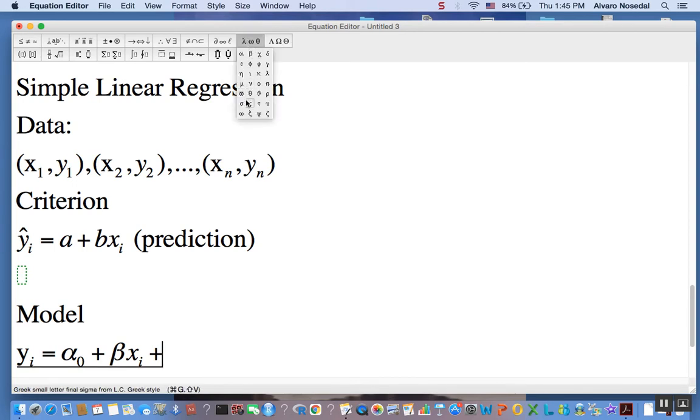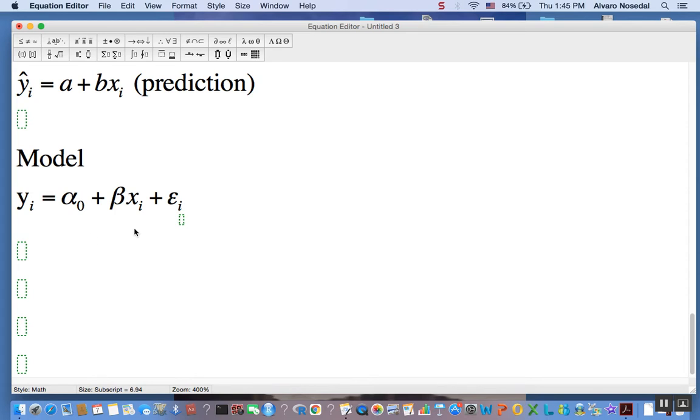This is a random fluctuation for each of these observations. And the usual assumption is that those epsilons have a normal distribution. So we assume that those epsilons have a normal distribution with mean 0 and variance sigma squared.